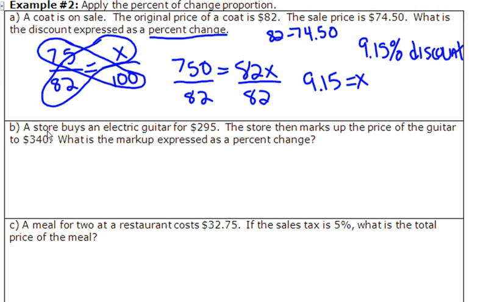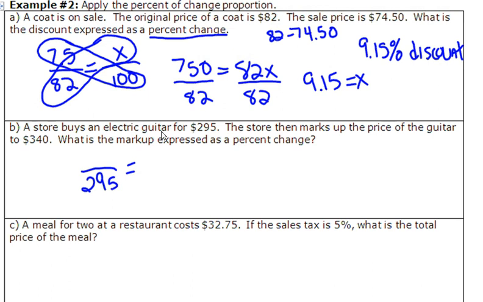So let's look at B. A store buys an electric guitar for $295. The store then marks up the price of the guitar to $340. What is the markup expressed as a % change? So it's saying that they buy the electric guitar for $295, so that is our original amount.